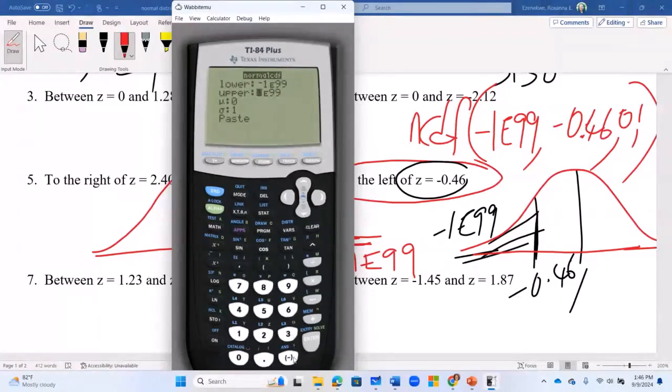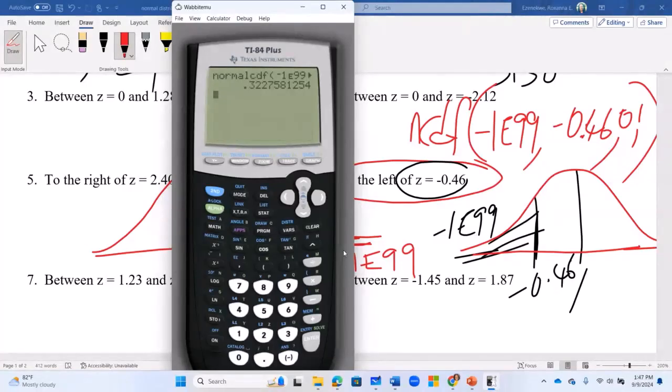Upper bound is negative 0.46. If I arrow down, the mean is 0 and the standard deviation is 1, and I'm going to paste. It asks, do you really want to find the area from negative infinity to negative 0.46? Yes. I hit enter.